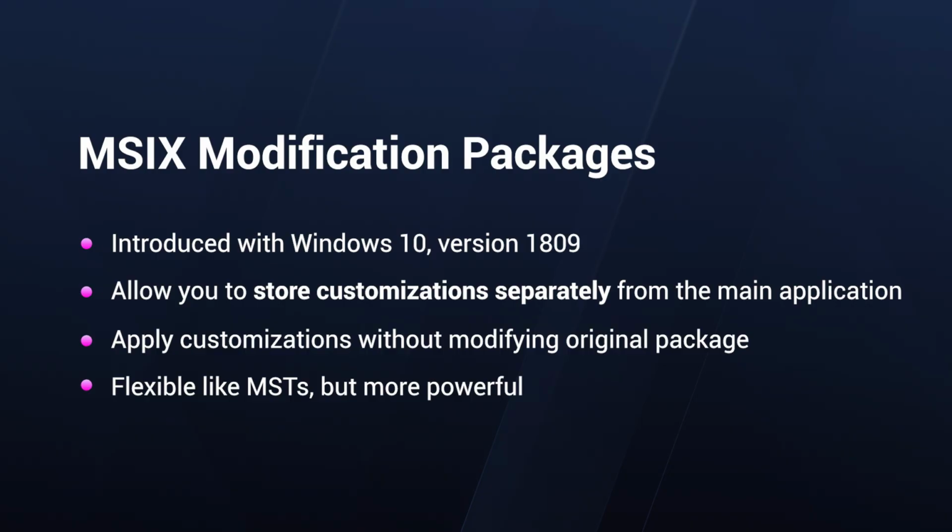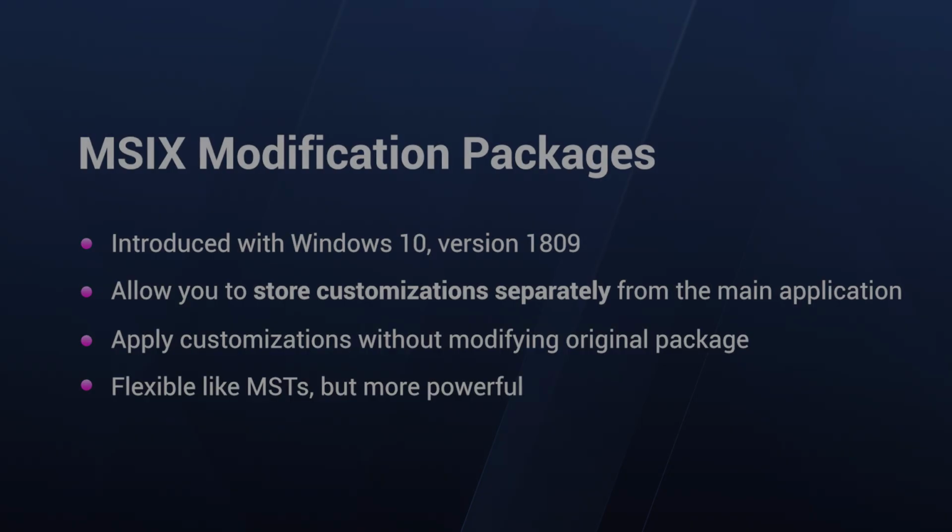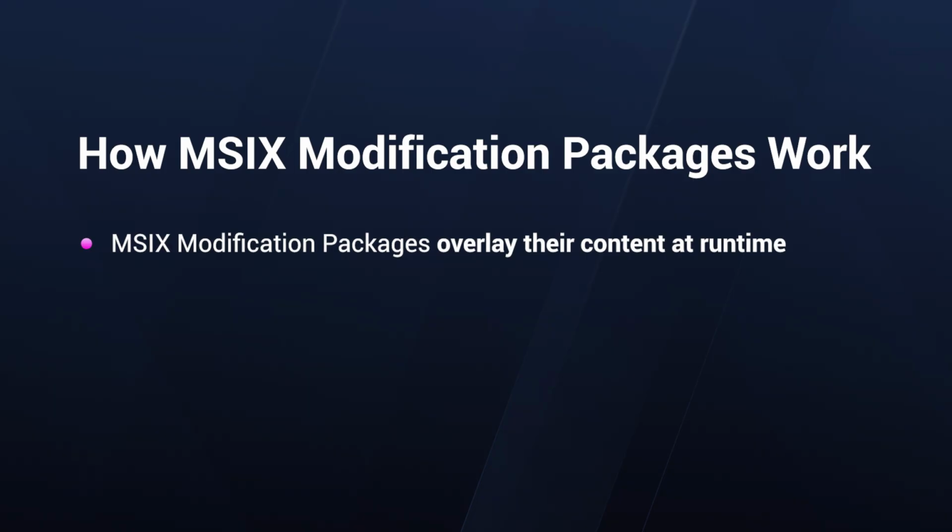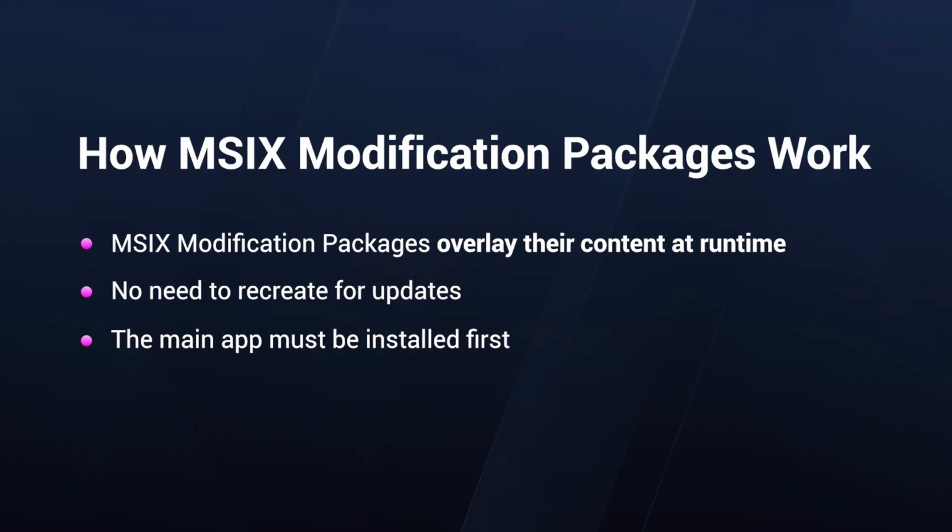Both store customizations separately, but unlike MSTs, modification packages can be applied at any time, not just during the installation phase. So the modification packages work by overlaying their content on top of the main application package at runtime.